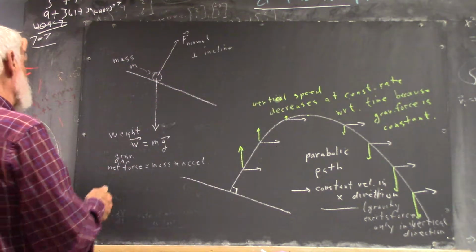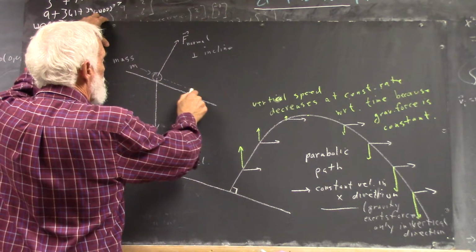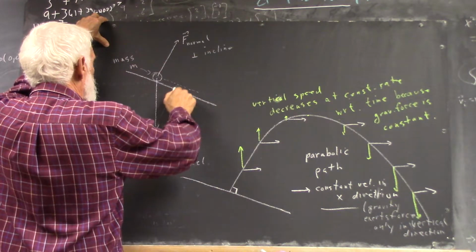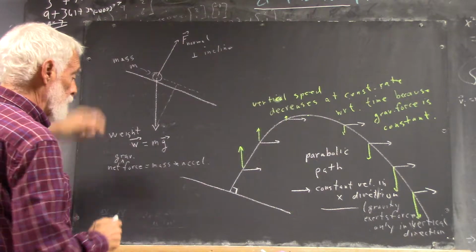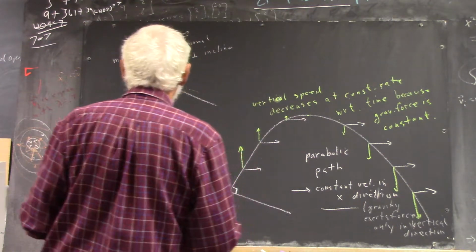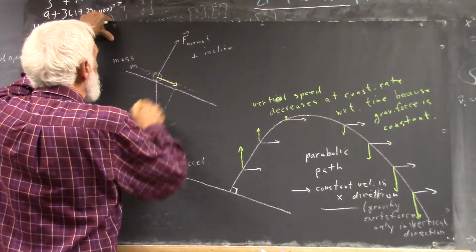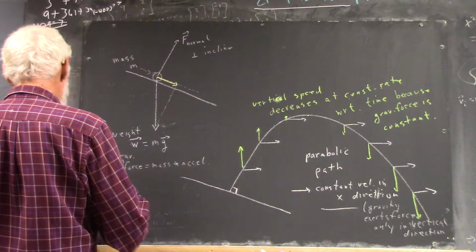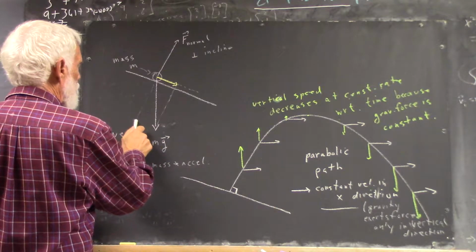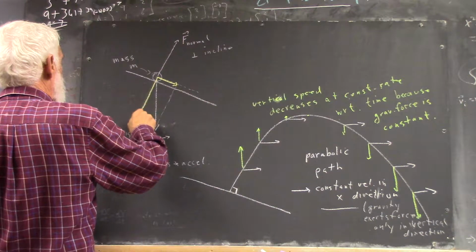And that net force here is just equal to the component of this force perpendicular to the ramp. So that this force is equivalent to this force combined with this force.